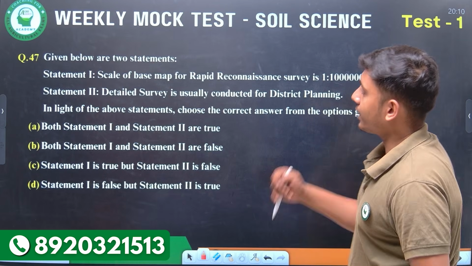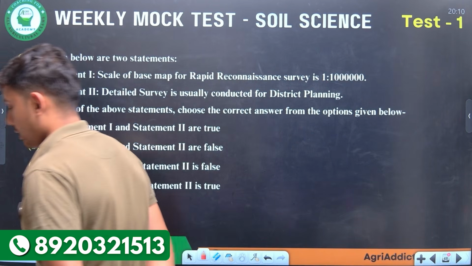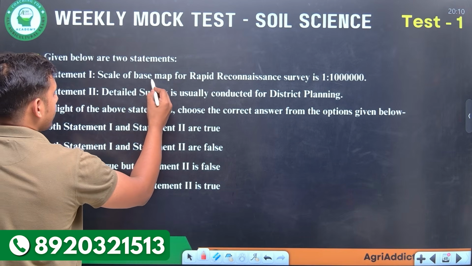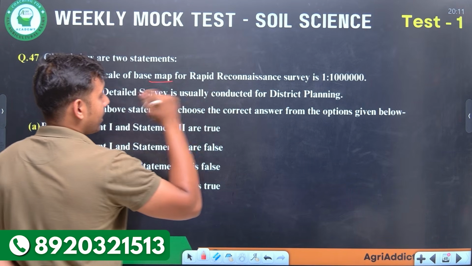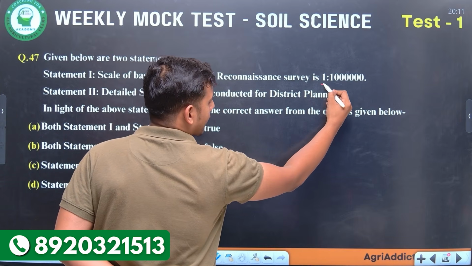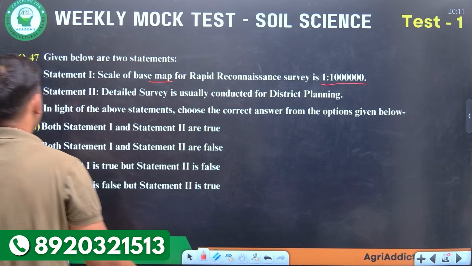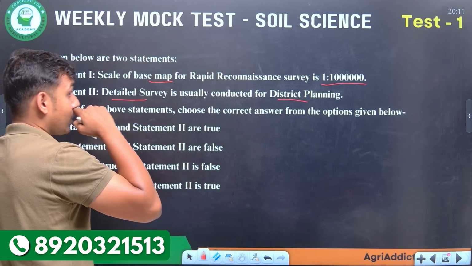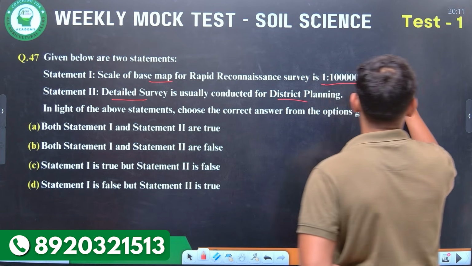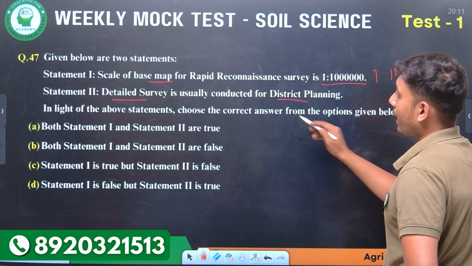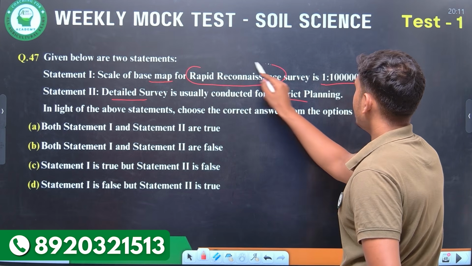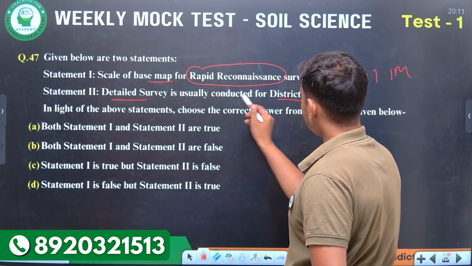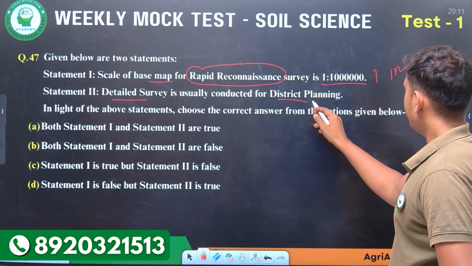Now comes again statement based. Again two statements are there. Statement 1 is the scale of rapid reconnaissance surveys is 1:1 million. And detailed survey is usually conducted in district planning. Okay, the first one, 1:1 million, it is right. So for rapid reconnaissance, this is the scale actually, 1:1 million, but the detailed survey is usually conducted for district planning.